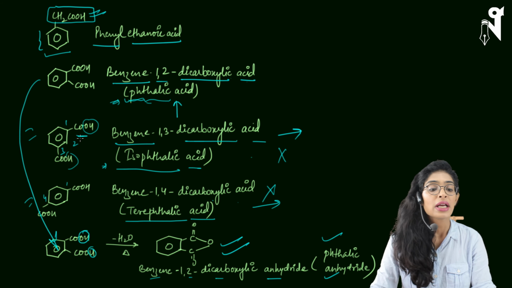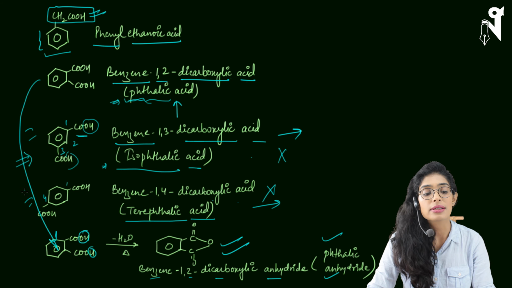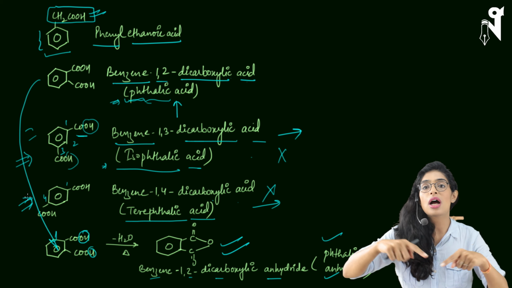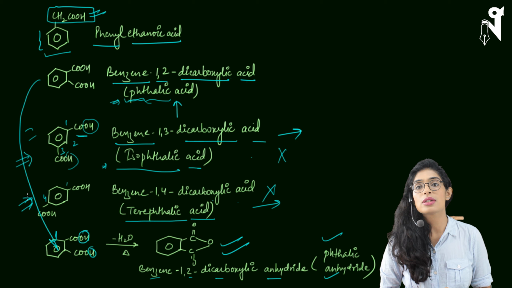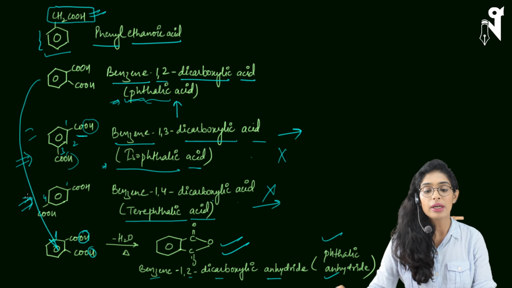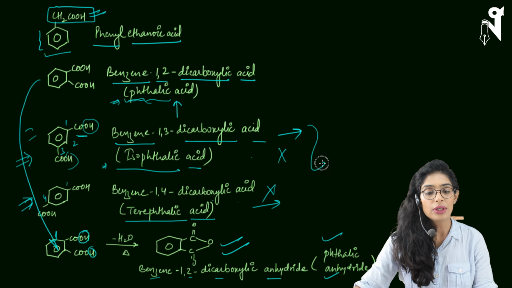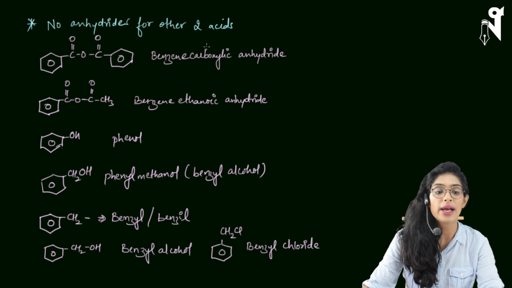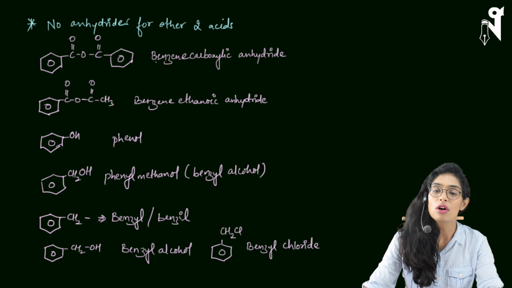That's the reason anhydrides cannot be formed from these compounds, because the COOH groups are quite far apart and cannot connect with each other after losing water. So anhydride is possible only in the case of phthalic acid, not isophthalic acid or terephthalic acid. That is the only anhydride which can be formed from a dicarboxylic acid of benzene.